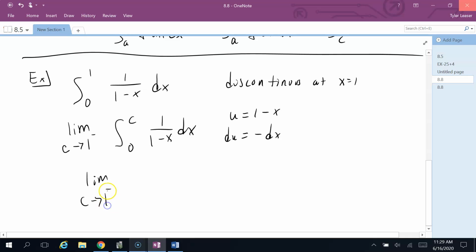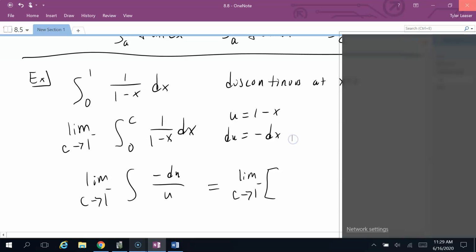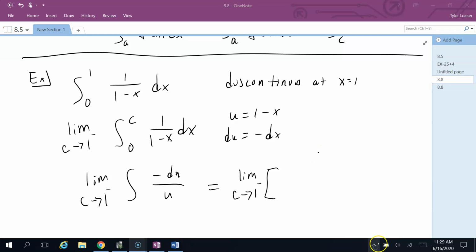So still the limit as c approaches 1 from the left, but now it's the integral. Because we're changing over to u's, my limits have changed. Now it's going to be negative du over u. That has antiderivative, if I bring the negative sign out, 1 over u has antiderivative of natural log. So still the limit as c approaches 1 from the left of negative natural log of the absolute value of u, which is 1 minus x.